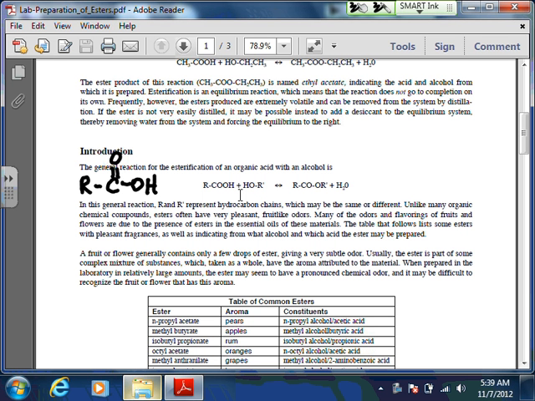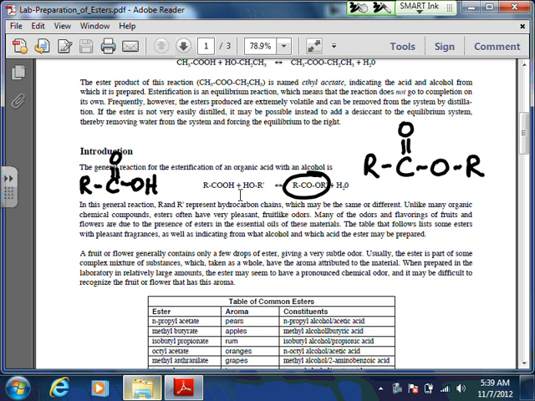The alcohol is just the R group with the OH on it. What ends up happening is you end up with a molecule that looks like this, which is the way an ester is typically written. And then these R's just represent other carbons on the end.